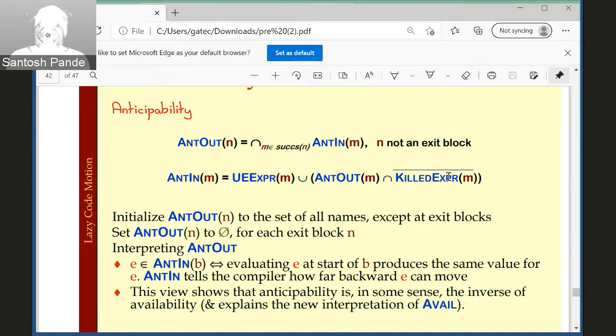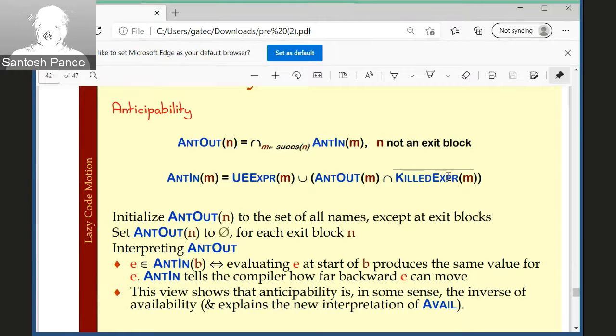Because if we go to that successor along which we did not have it anticipatable, we could find a path which did not have an evaluation of this expression, and just by adding the edge between the predecessor and the current basic block, we haven't changed anything as far as anticipatability is concerned.